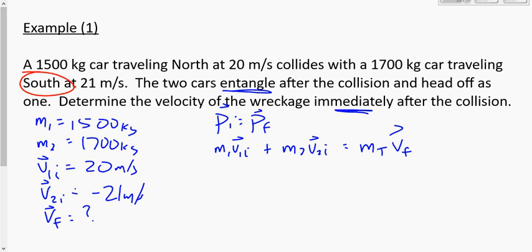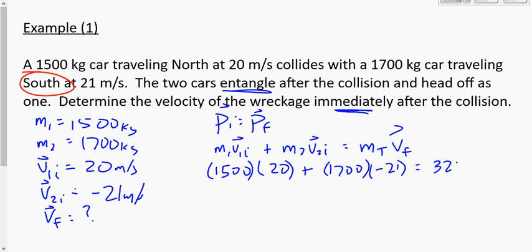If we have 14 things colliding with each other, then we'd have M1 V1I plus M2 V2I plus M14 V14I. Let's sub in some numbers here. M1 is 1,500 times V1I is 20 plus 1,700 times negative 21. Don't forget the negative. The combined mass is 3,200 kilograms, and we're looking for VF.